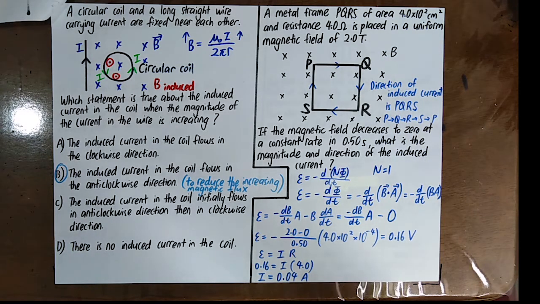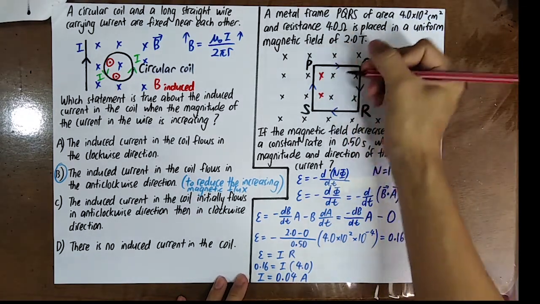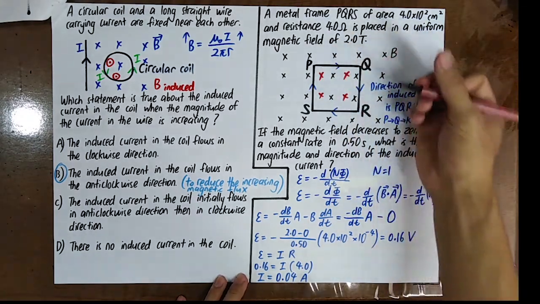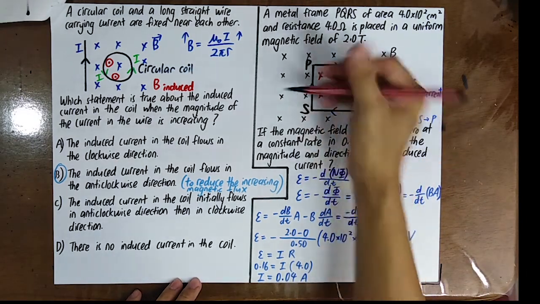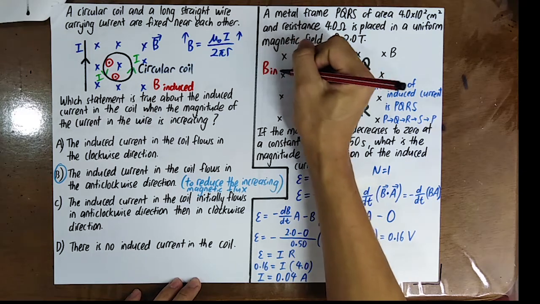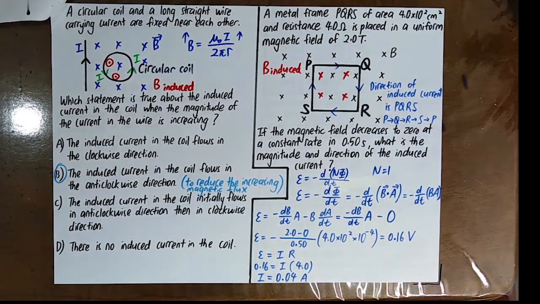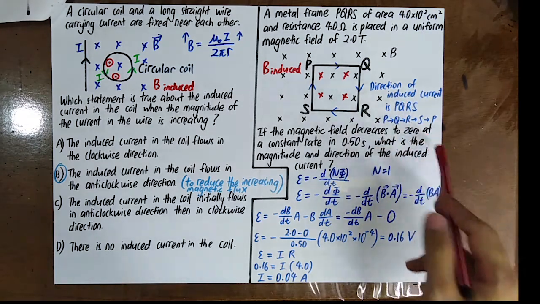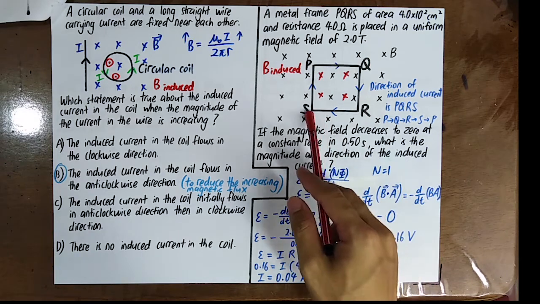So your induced magnetic field should be in the same direction. So this is the direction of the induced magnetic field. Therefore, the direction of the induced current should be this way: P to Q to R to S to P again.